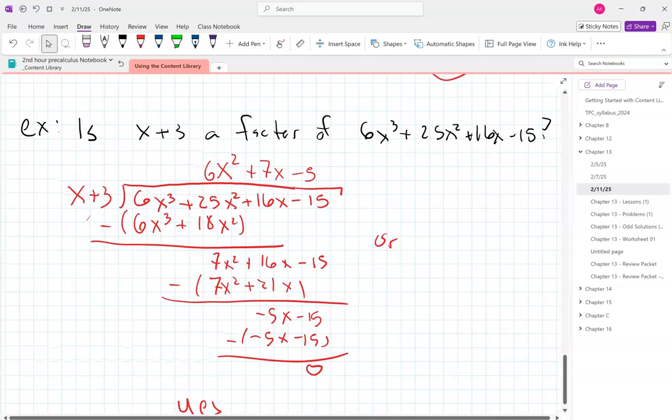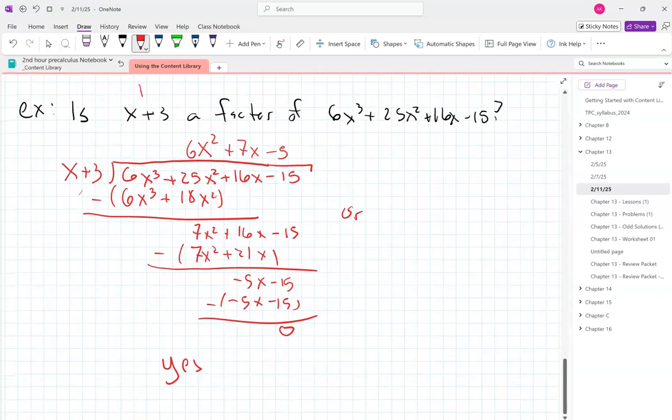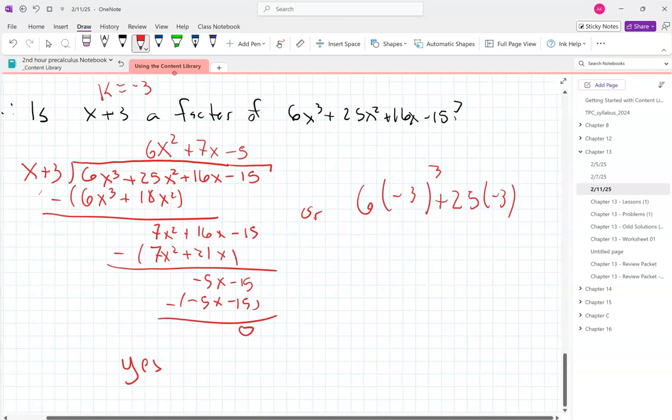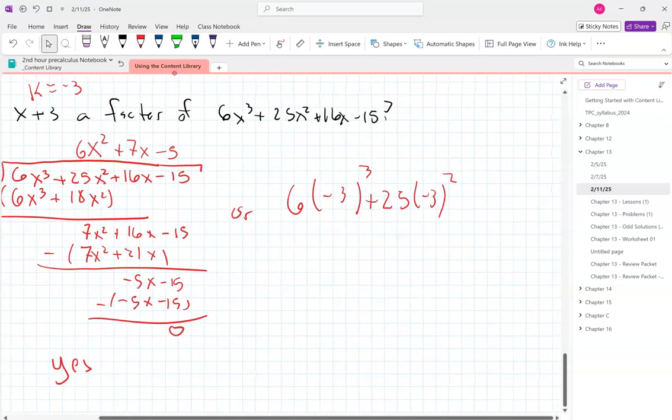or instead, I could observe that this is a k equals negative 3. And I can just plug in negative 3 to this.